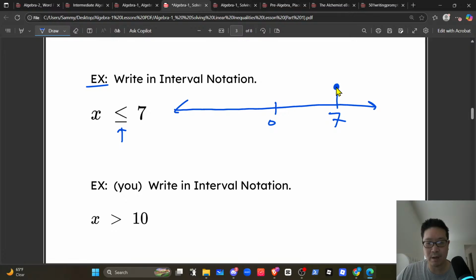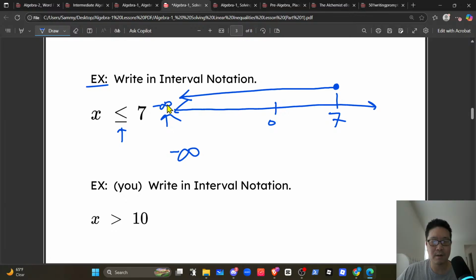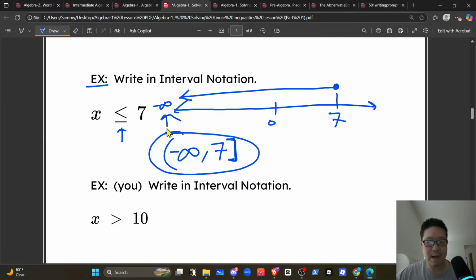So we would do a closed circle, and then we would point to negative infinity. And in interval notation, this would be negative infinity, starting from your left, to positive 7, closed circle, so it would be a square bracket. Okay, and so that would be our answer.